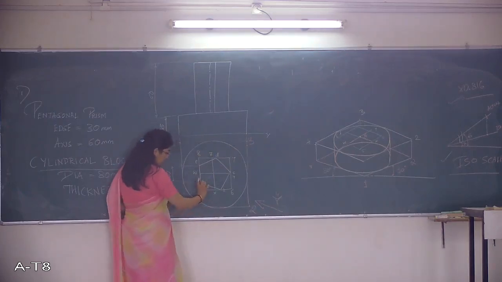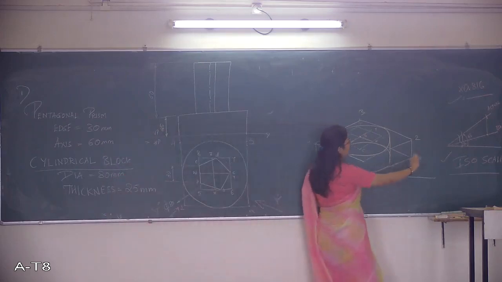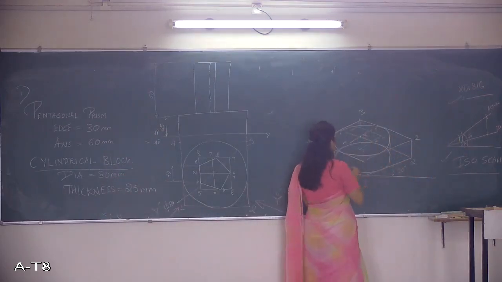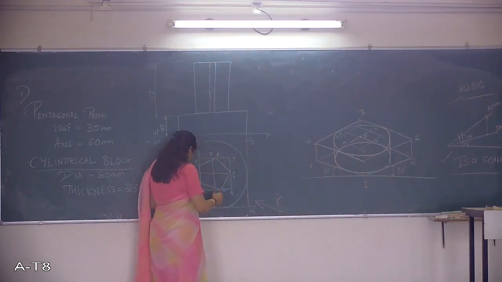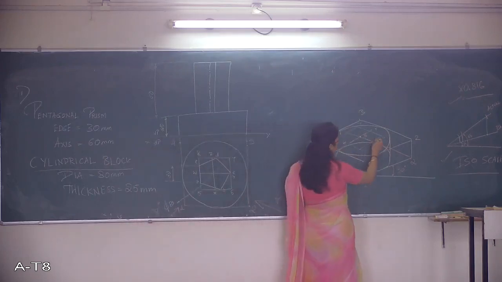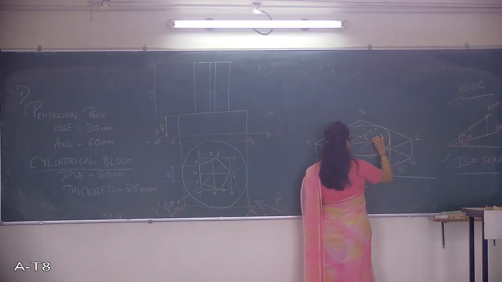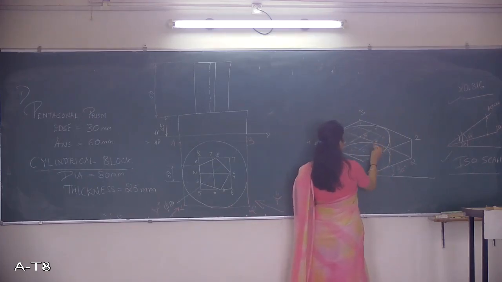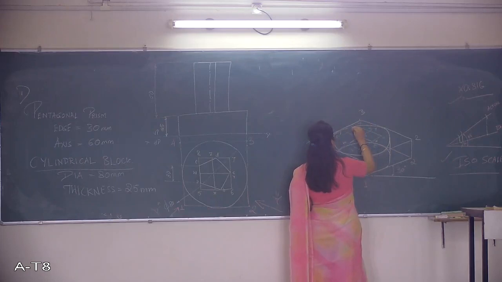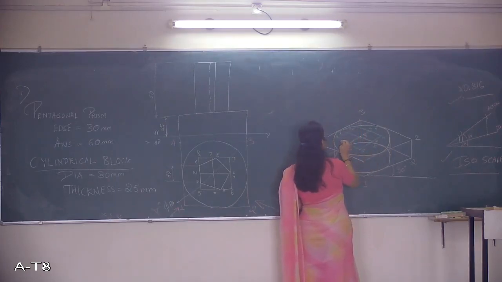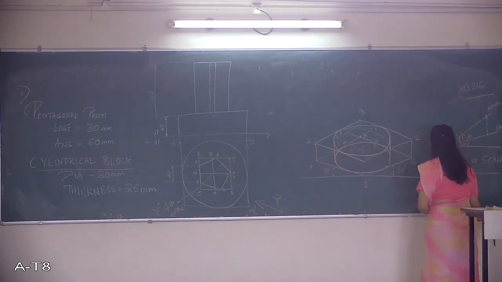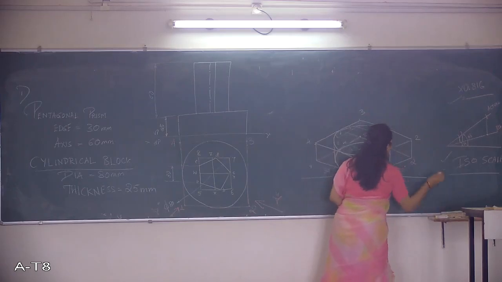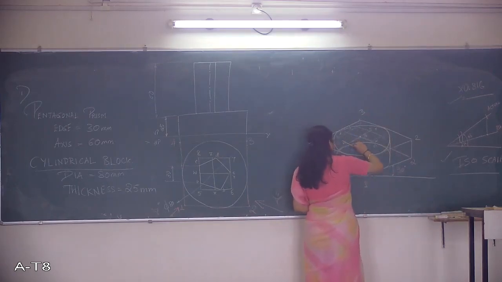You keep the compass on 5. 5 to A you measure, get the iso reading of it and you mark A. Like that, see how much is 5 to B. Go to the iso scale, see what is the reading, see what is the value, mark B. So this is A, B, this will be C, this will be D and here this is E. So now what we are marking is the base of the pentagonal prism.